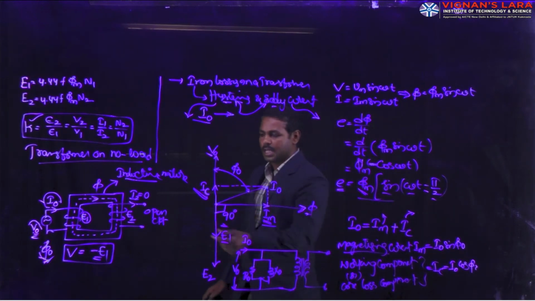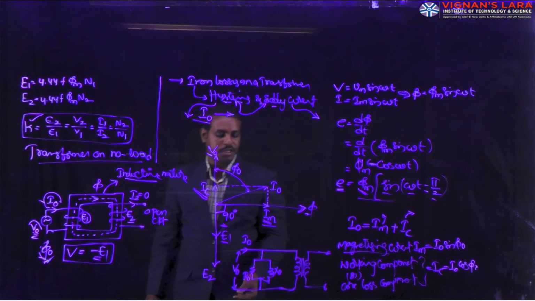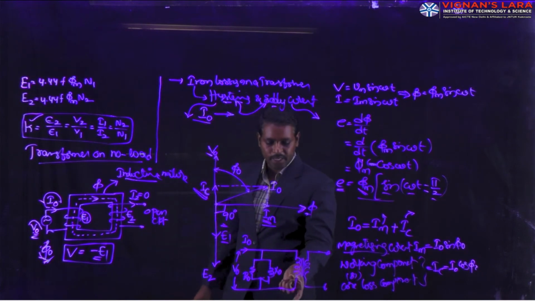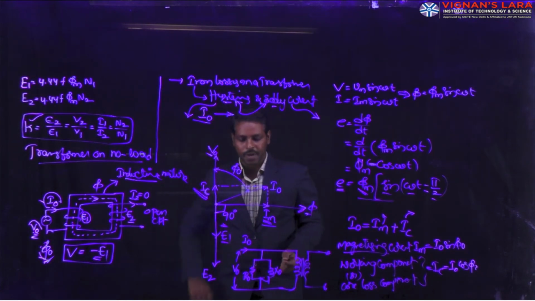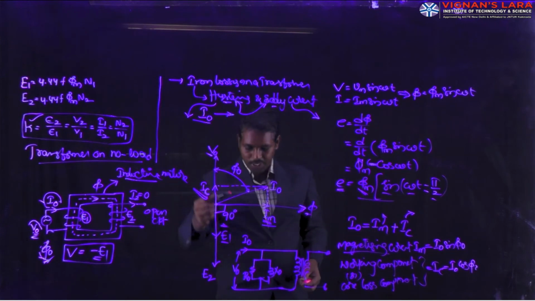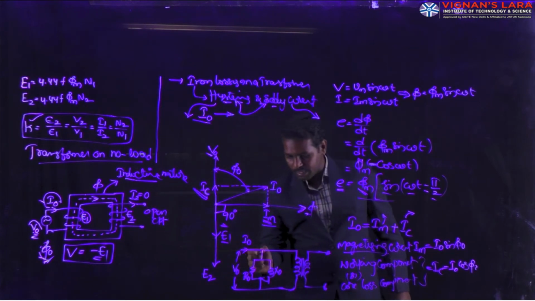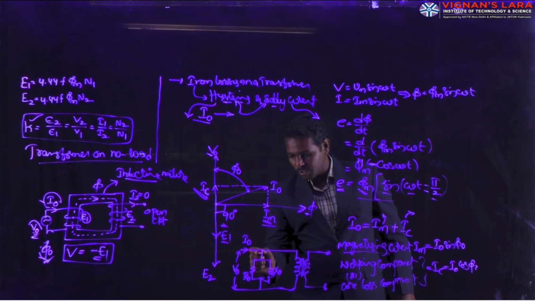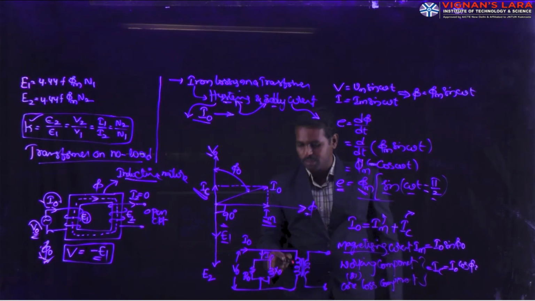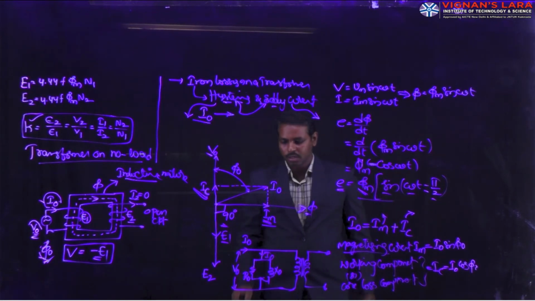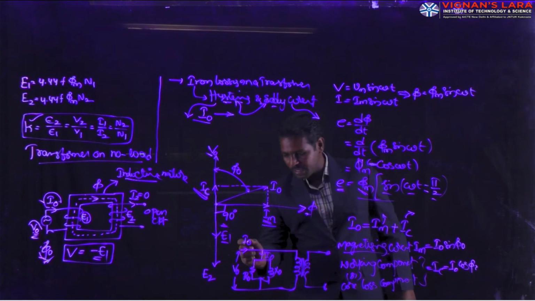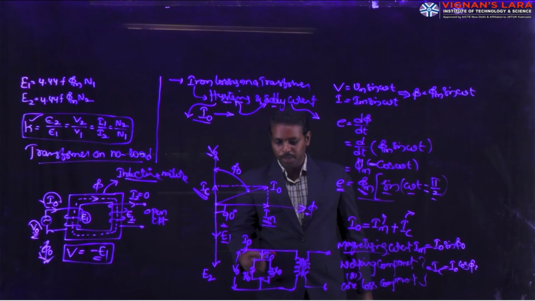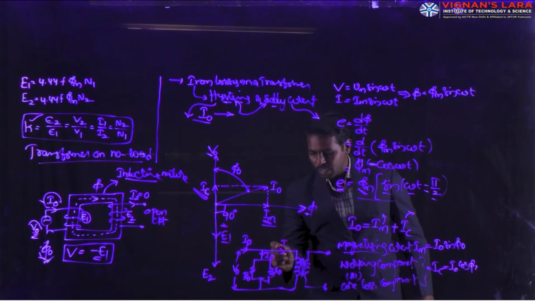Whenever the transformer operates on no load condition, it is represented in this fashion. The corresponding current drawn from the supply is I naught, which is also the primary current IP, equal to I1.